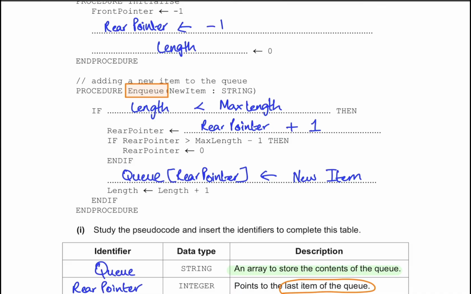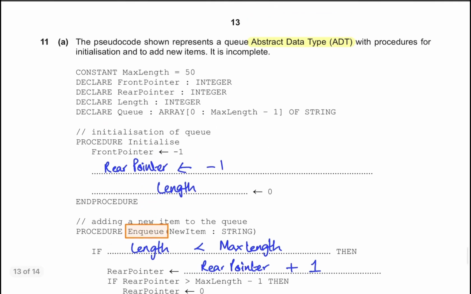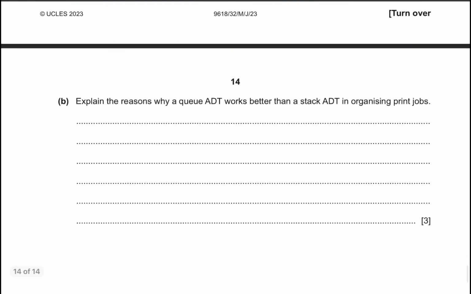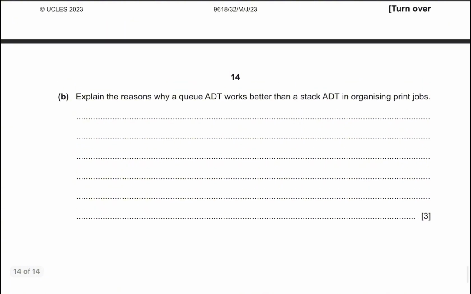So length equals length plus 1. Okay, that's done. Last question of this paper: explain why a queue ADT works better than a stack ADT.